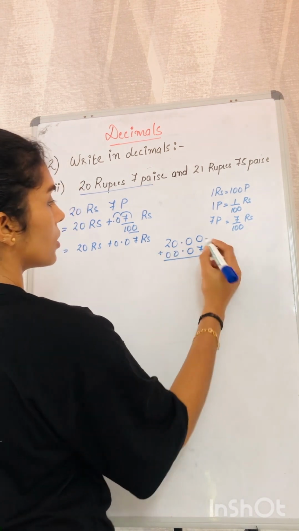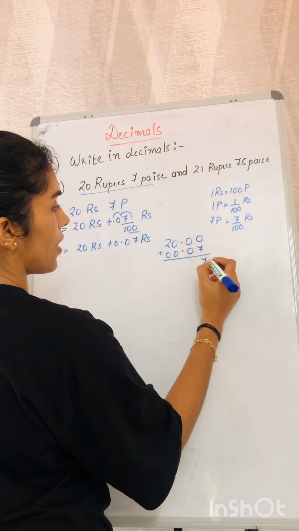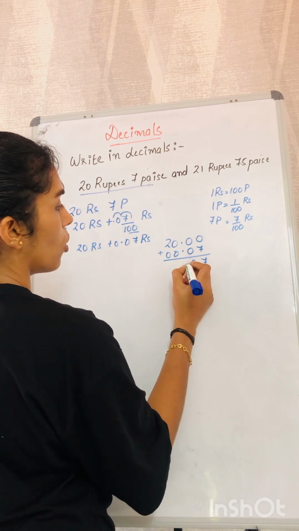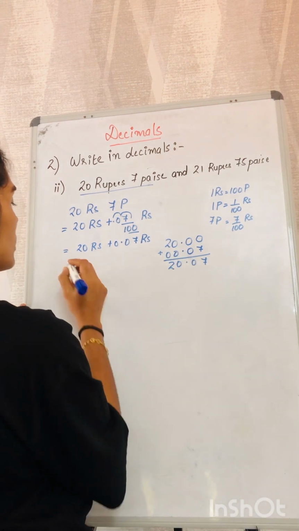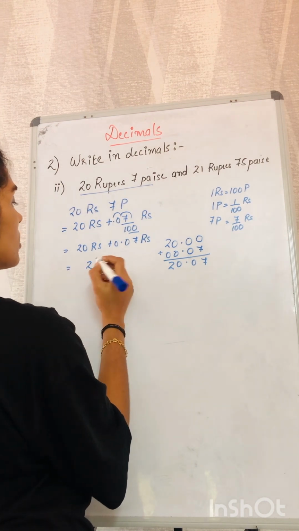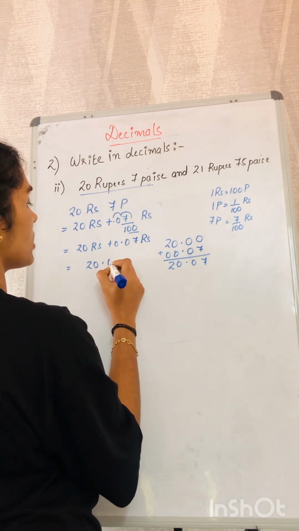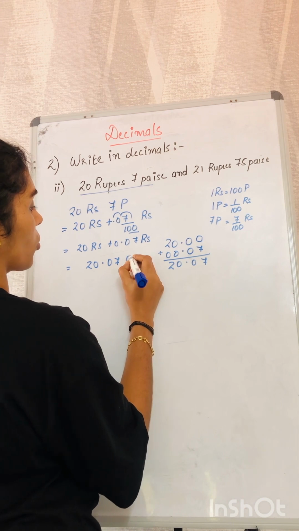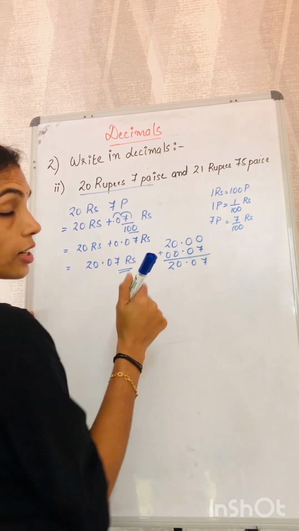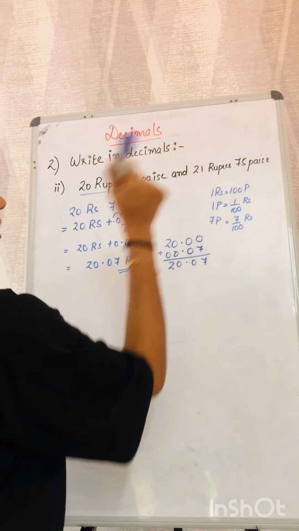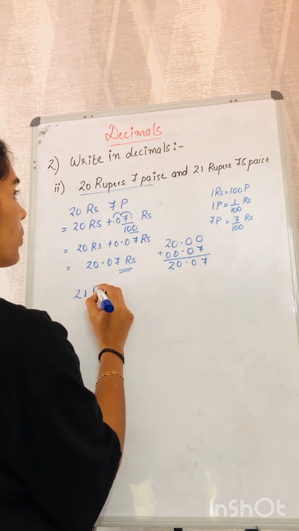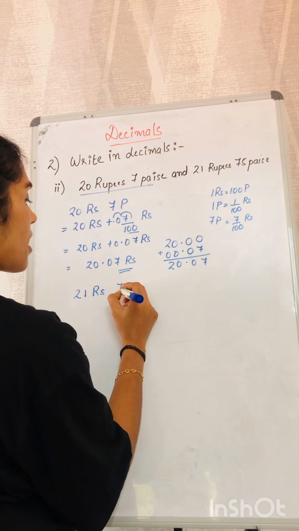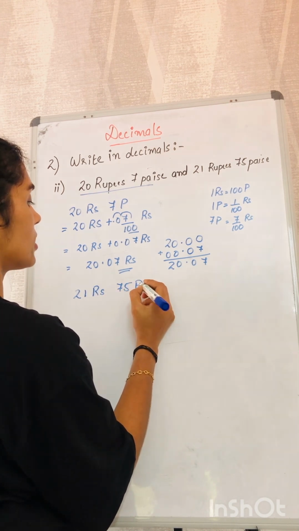So add them. 0 plus 7, 7. 0 plus 0, 0. 0 plus 0, 0. Again 2. That is, your answer is 20.07 rupees. Understood?